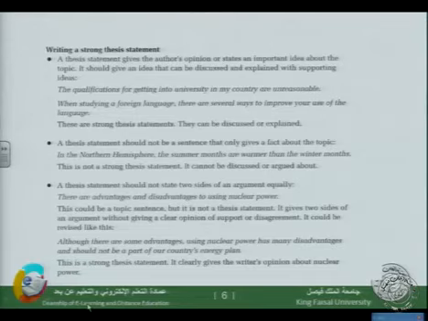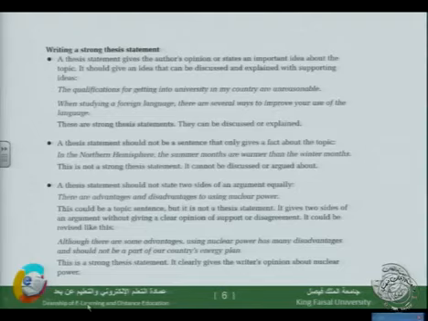It should give an idea that can be discussed and explained with supporting ideas. For example, here we're given examples. The qualifications for getting into university in my country are unreasonable. This is a very strong statement, and you can discuss it. Why it is unreasonable, and what makes it unreasonable.